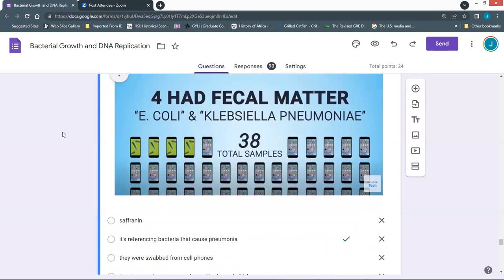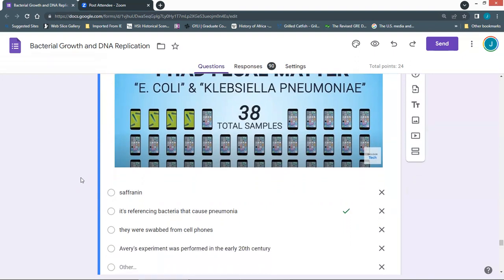So in Avery's experiment, they discussed Streptococcus pneumoniae, which caused pneumonia and killed the mice when we had smooth bacteria. And in this case, this is referencing other bacteria that cause pneumonia. And 4 of the phones that were swabbed had poo-poo bacteria on it, otherwise known as fecal bacteria.